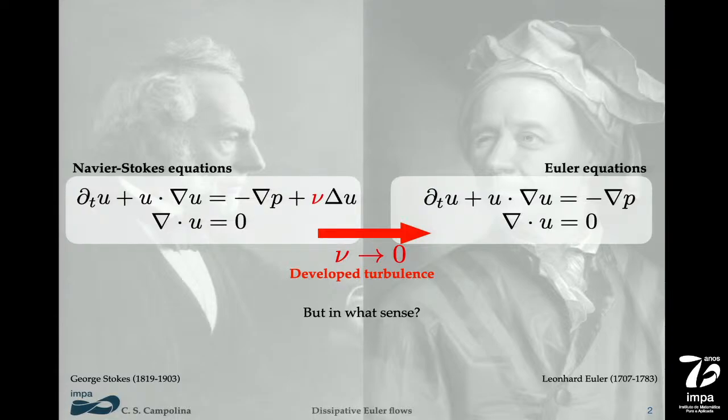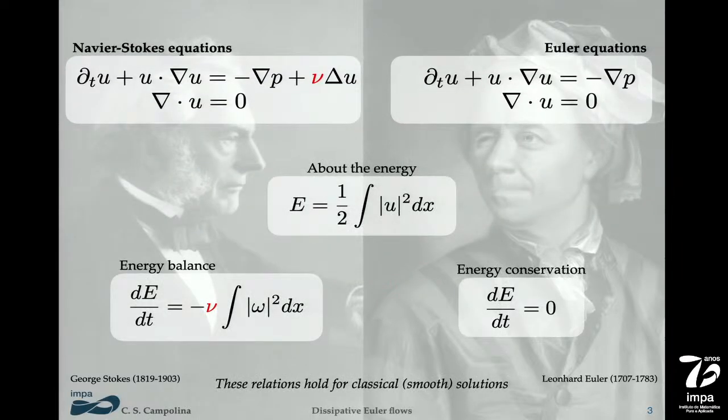Alexei and Simon talked a lot about this topic, and I'm going to talk about a specific object today, which is the energy and the conservation of energy. We know from the first lectures by Alexei that the total energy of the flow is given by half of the integral of u squared.